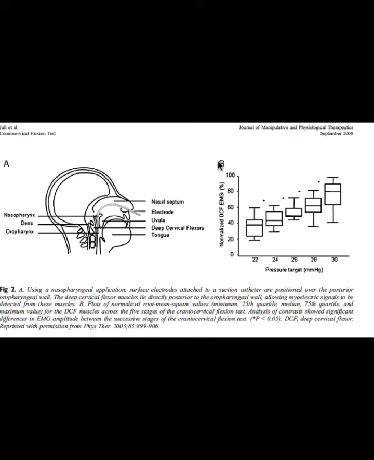The EMG recordings are on the y-axis, and we can see progressively increasing EMG activity as they perform this deep neck flexion task. This pretty much validated that the exercise itself is effective at recruiting and isolating, in a progressive way, the deep neck flexor muscles.